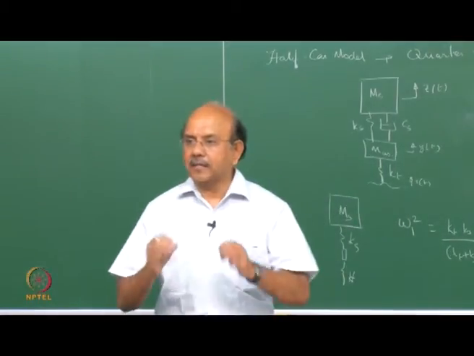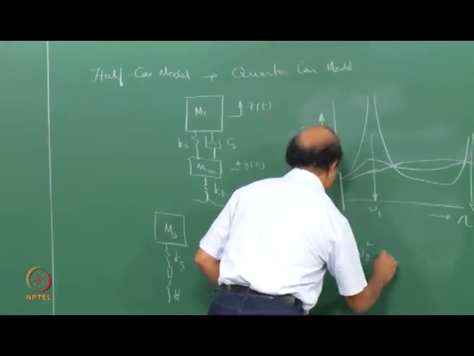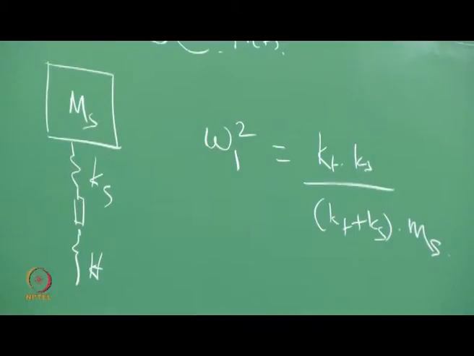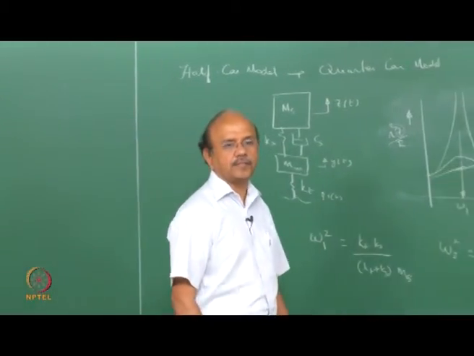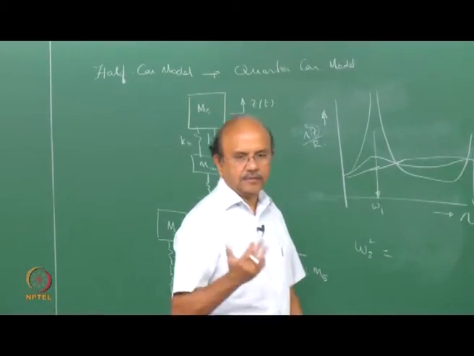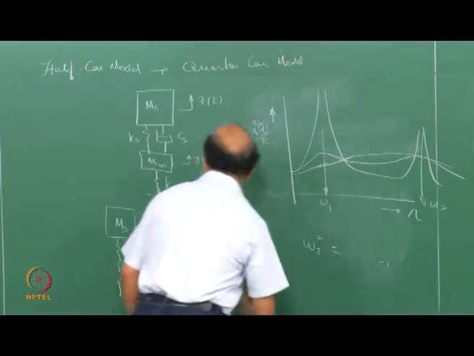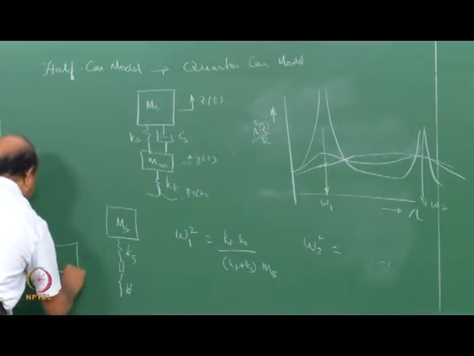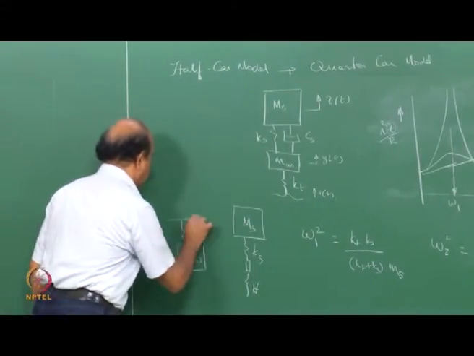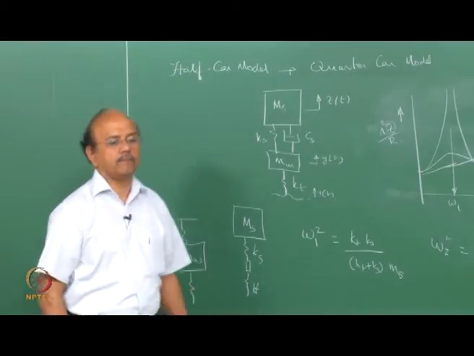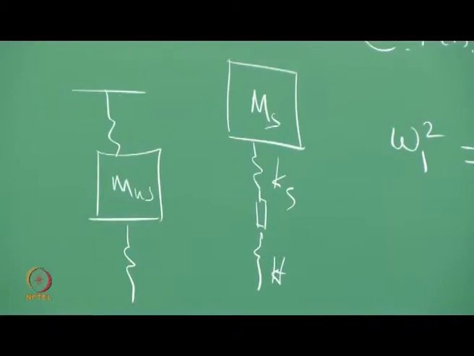Right. So the other omega 2 is arrived at by assuming that the other end is fixed, and you have this mass, sorry, I'll draw it here, m unsprung mass like that. Okay.